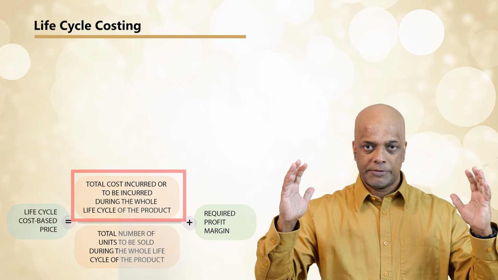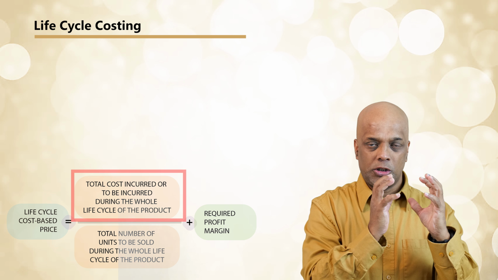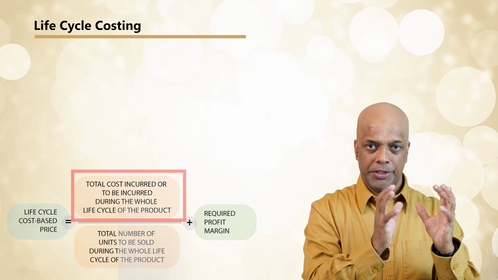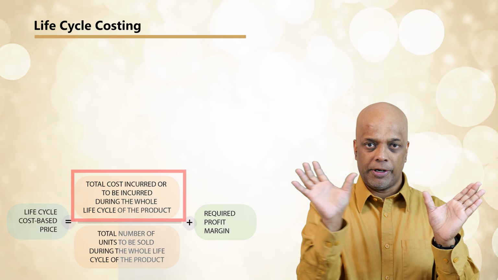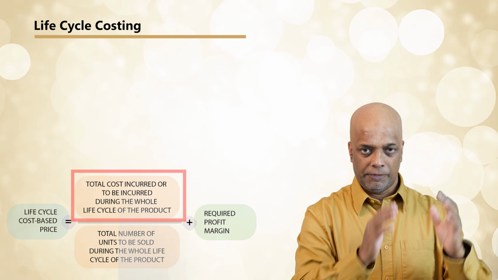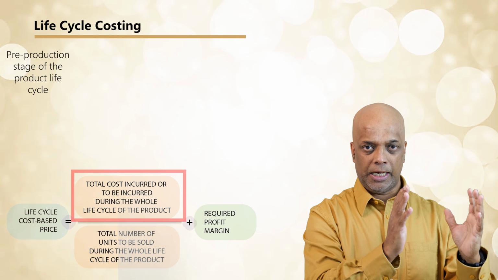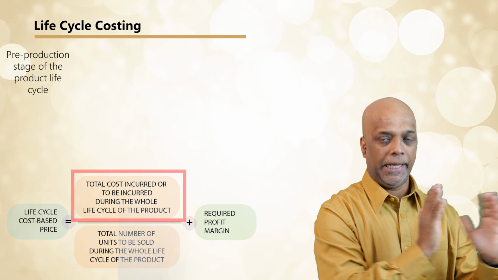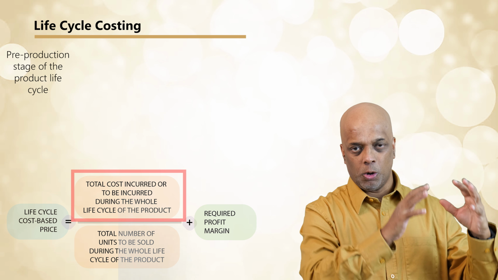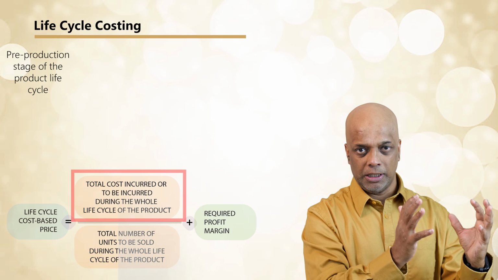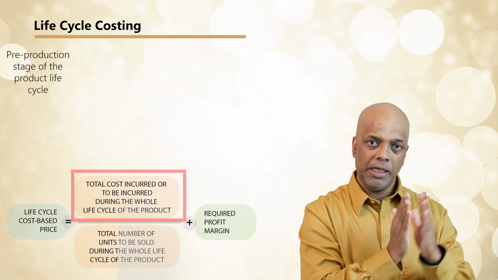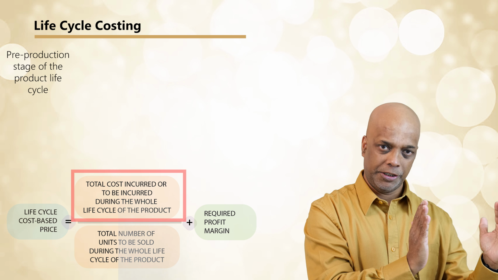And the total life cycle cost can be conceptualized in three different phases. The first phase is the product design or pre-production stage. The total cost of all the cost that you incur during the pre-production stage.